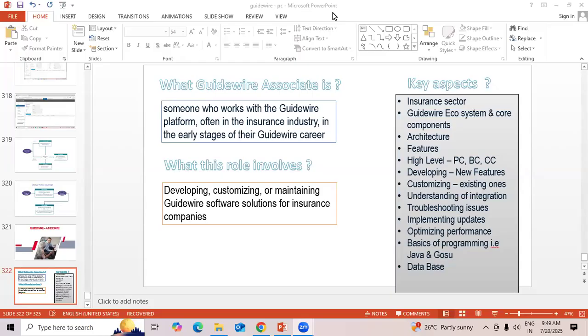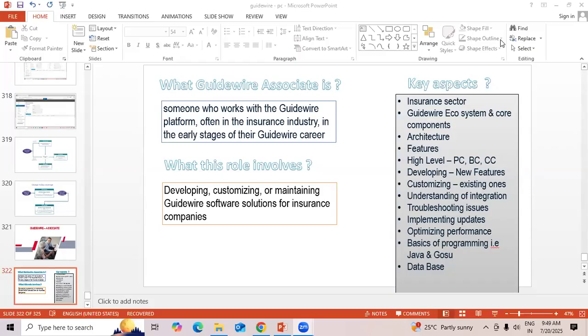Otherwise, knowing the basics of Java programming and Gosu programming is always required because we are interacting with the development team. At the same time, knowing some database knowledge is also needed.